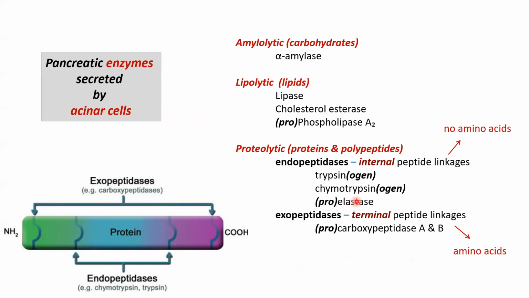Anyway, you know how endo and exopeptidases work, right? Endopeptidases cut internal bonds, so you're only going to get peptides, you're not going to get amino acids. Exopeptidases, you'll be generating amino acids, and you'll be cutting from the carboxyl end.